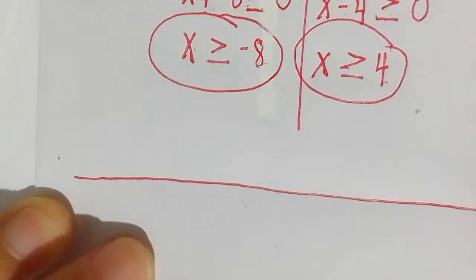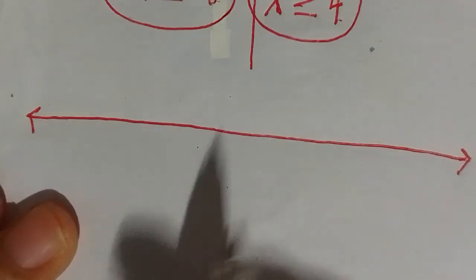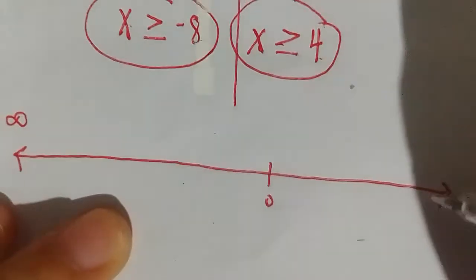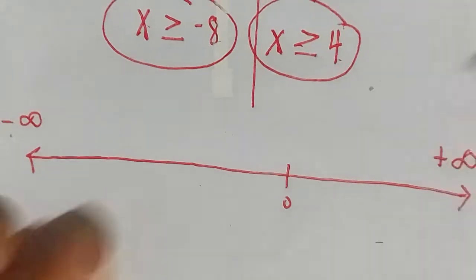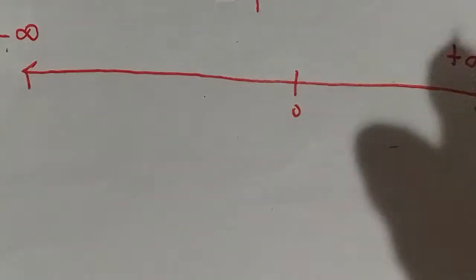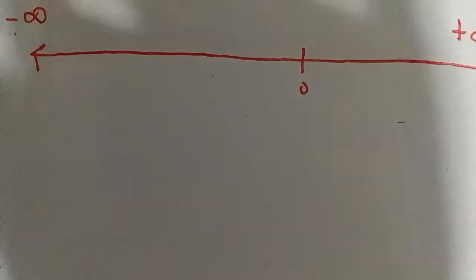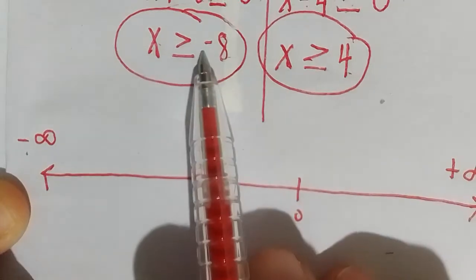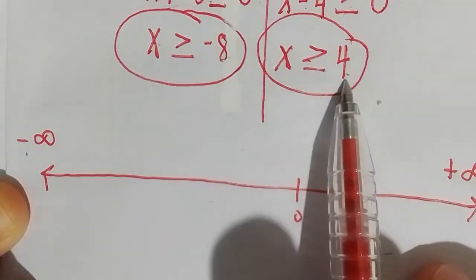Next is to draw the number line. In your number line, make sure you put 0. Put the labels negative infinity and positive infinity. Take note that the two values are negative 8 and positive 4.